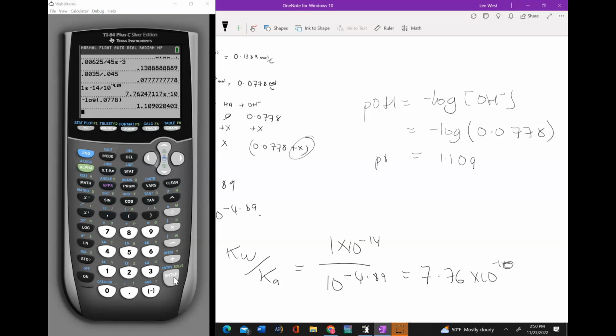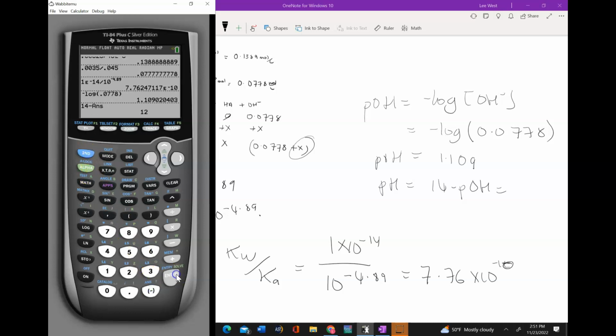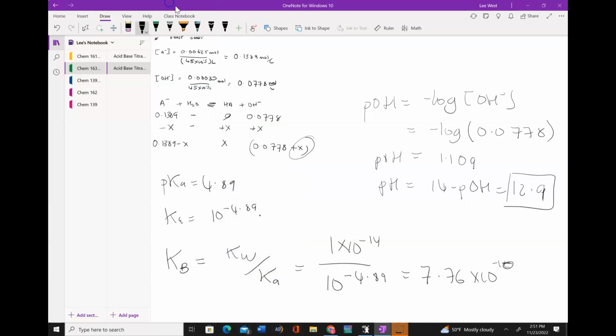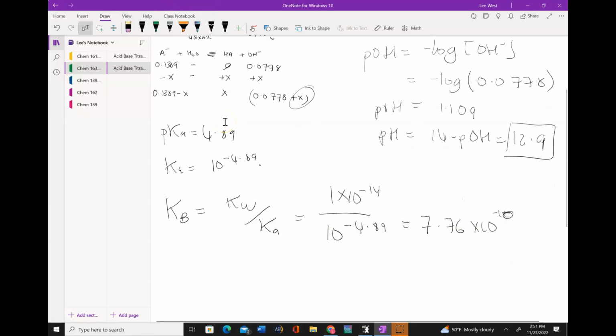That's the pOH, and then the pH is 14 minus the pOH. 14 minus that answer. And there we are, 12.8 or 12.9. Okay, well now let's do it all completely.